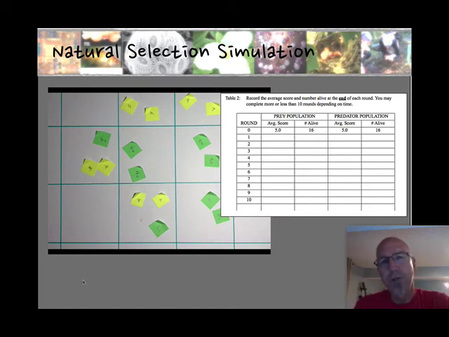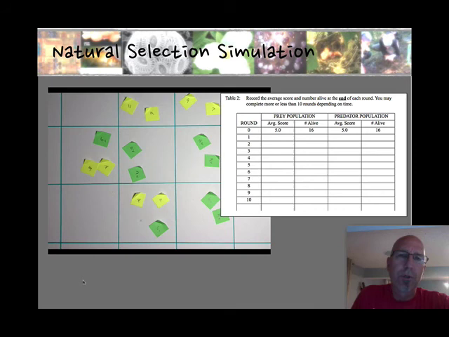Natural selection relies on three things: variability within the population. In these populations, we started out with 16 organisms, and some had not really good scores, some had really good scores, and a bunch were right in the middle. You're going to see that in the data tables. Then there was differential reproduction, which means there was some randomness involved.